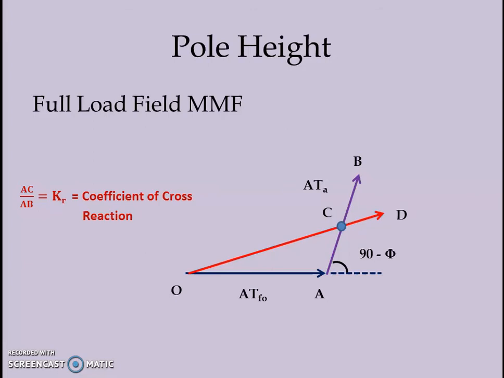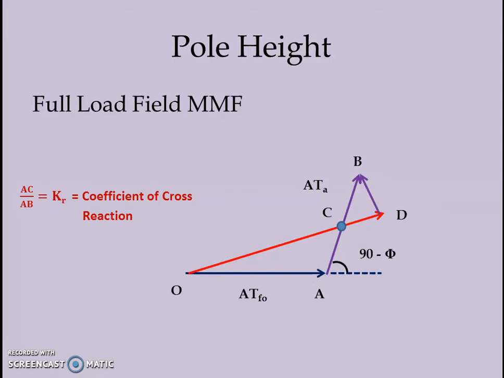Here we draw phasor OD, and from D we draw a perpendicular phasor from D to B. This would be at 90 degrees to OD.